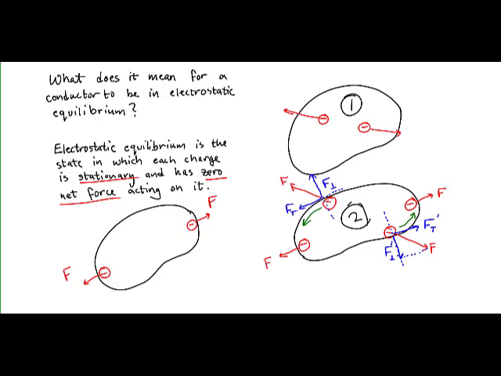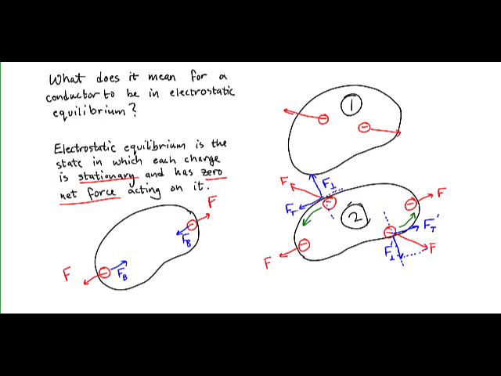And you might be thinking, well, Mel, in the picture, there is a net force on each charge. Well, actually not. What I haven't been drawing is the binding force that the surface has with each of these charges. So I've mentioned the binding force, but I didn't draw it in my picture.